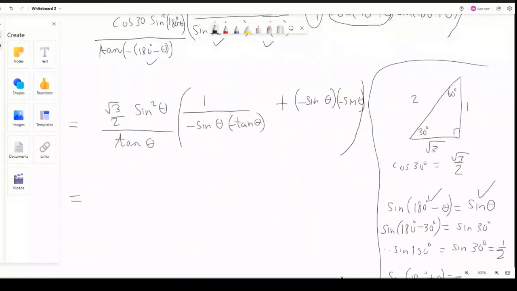So we need to get rid of the stains and stuff. Right, so let's do the following. Square root of 3 over 2, and then I've got sine squared, and I've got my tan there outside. All that is outside. Inside, I've got 1 over sine theta. Negative times a negative is a positive.